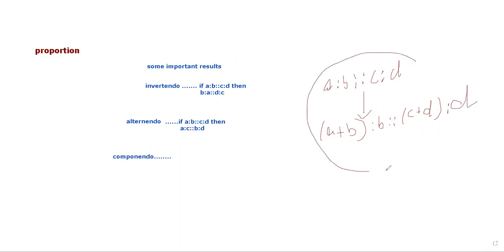This result is called as componendo. Let me write it down for you here.